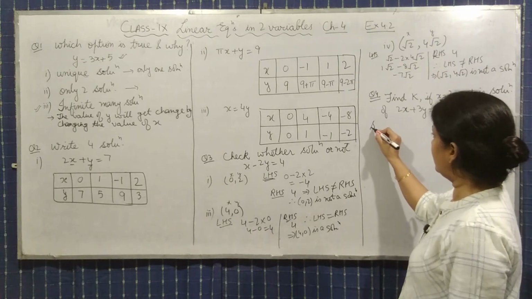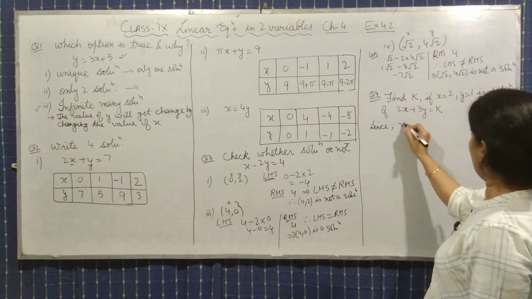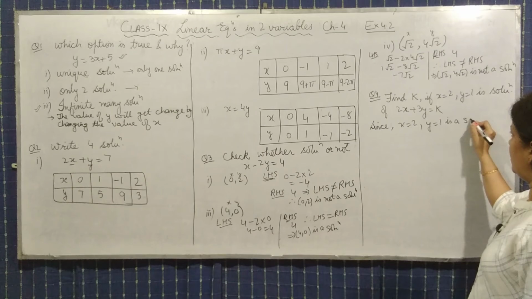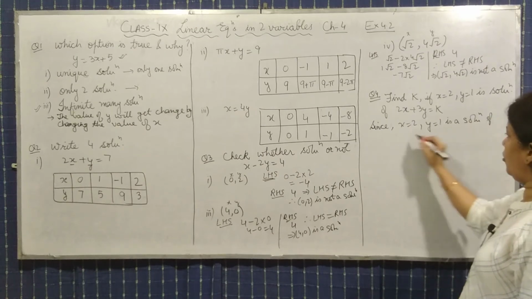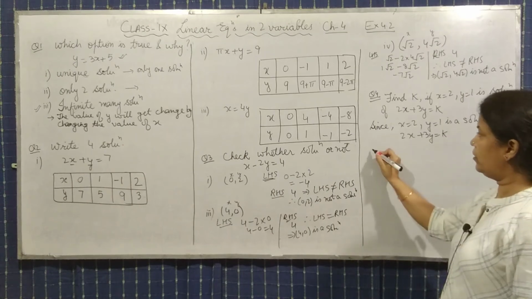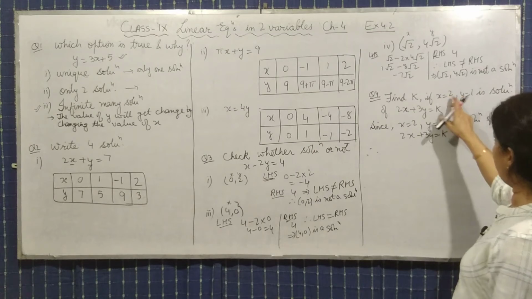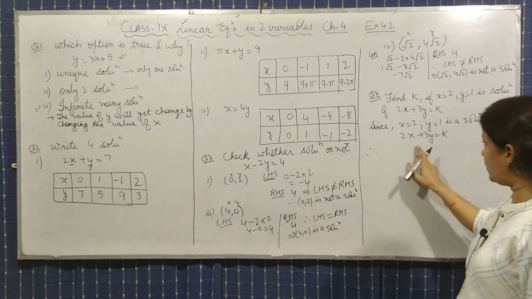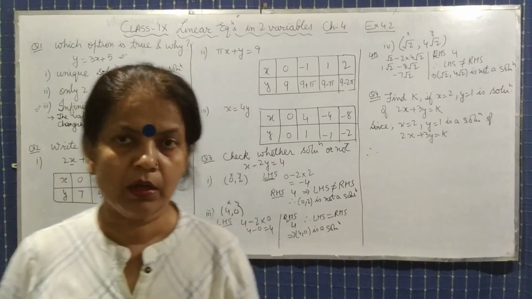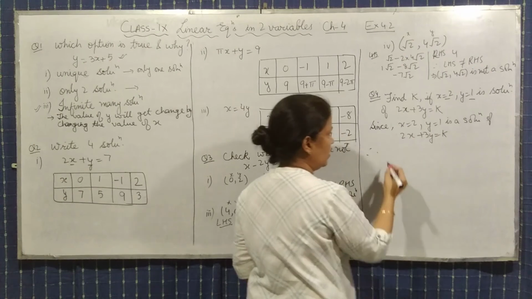Since x equal 2 and y equal 1 is a solution of 2x plus 3y equal k. So what does it mean? कि जो हमारे पास यहाँ पर x and y वैल्यू दी हुई है that we can put it. Solution है, it means both the sides are equal. So we will put the value of x and y from here.